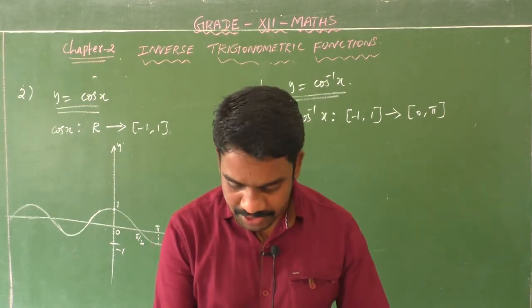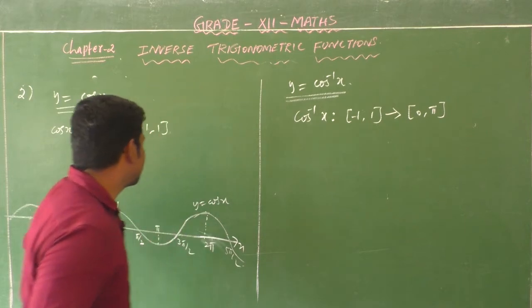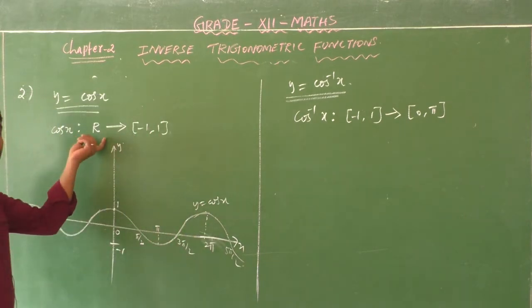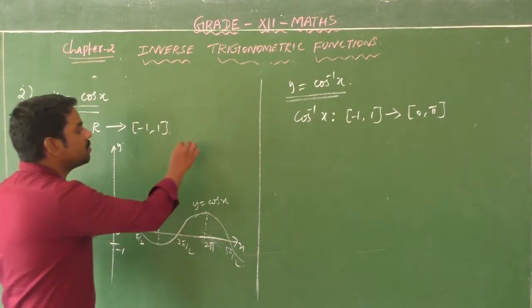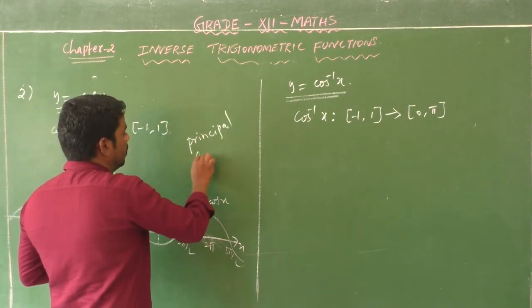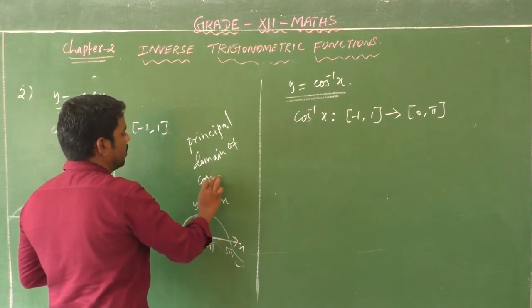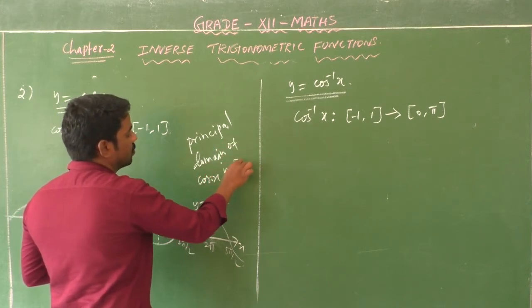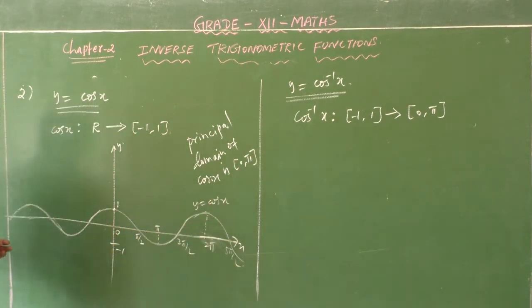The set of all real numbers is the domain of the function cos x, but the principal domain of cos x is the closed interval 0 comma pi.